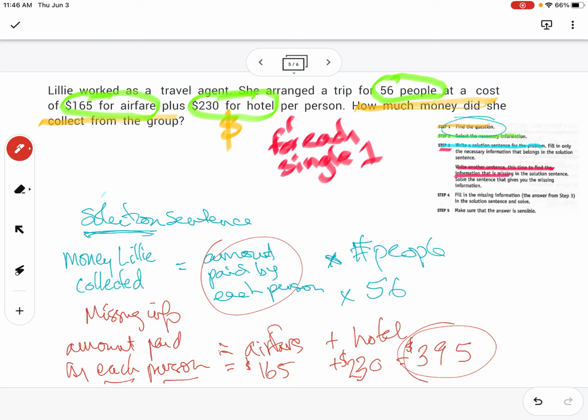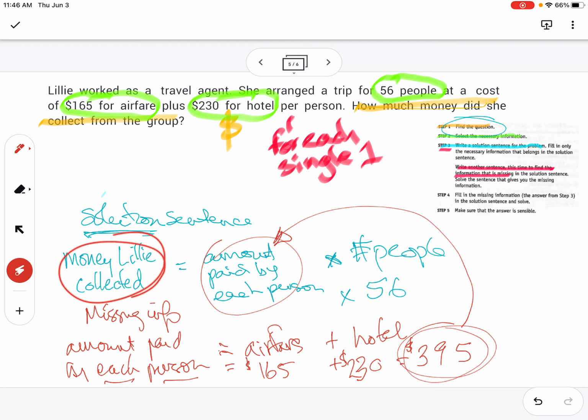I have just found the missing information from my solution sentence. So now my solution sentence can look like this. The money Lily collected is equal to the amount paid by each person, which I now know is $395, times 56. 395 times 56. And that will give me my answer, whatever that is.